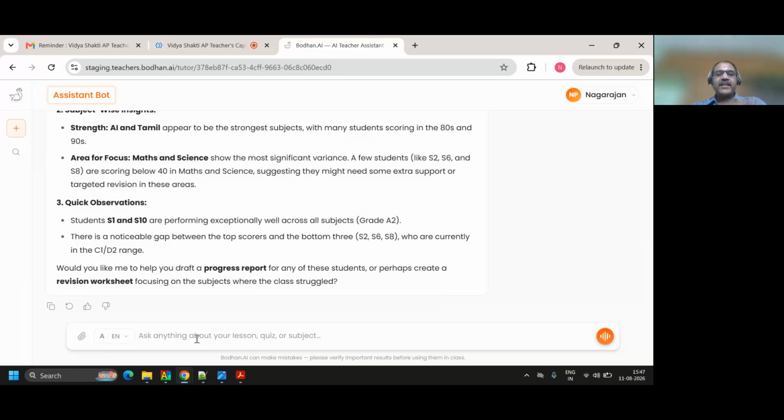Now, suppose I have to write a letter, okay? If I have to write a letter in Telugu to the parents of this S2, S6 and S8, what can I say? I can simply say, write a letter to the parents of S2, S6 and S8 in Telugu about their test performance, because I want to tell something in the progress report or send a letter to them.